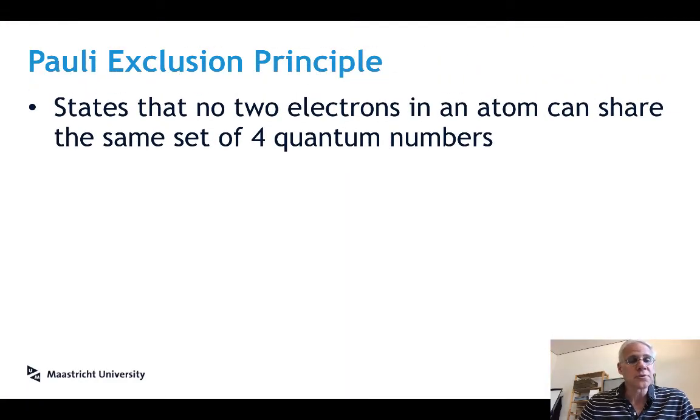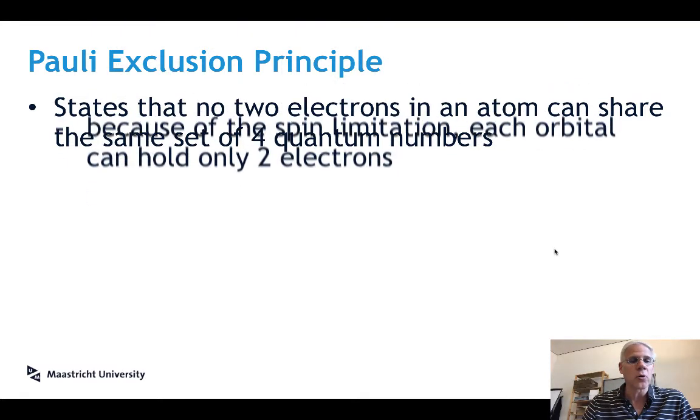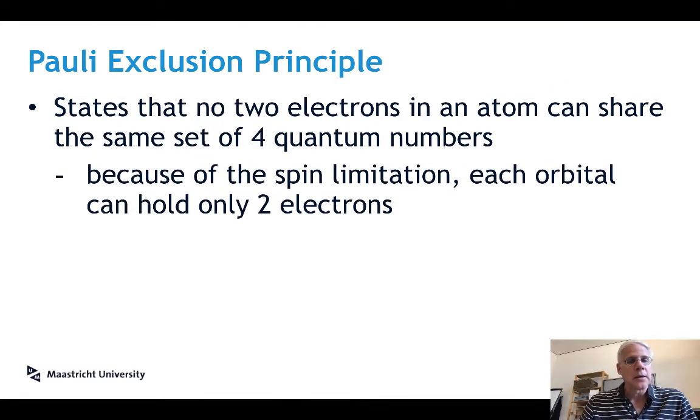Now there are some rules as to how electrons will fill up their orbitals, and the Pauli exclusion principle is one of the more useful tools that we have for that. That states that no 2 electrons in an atom can share the same set of 4 quantum numbers. It's a lot like an address. It's just like there's no house within a country that can have the exact same address.